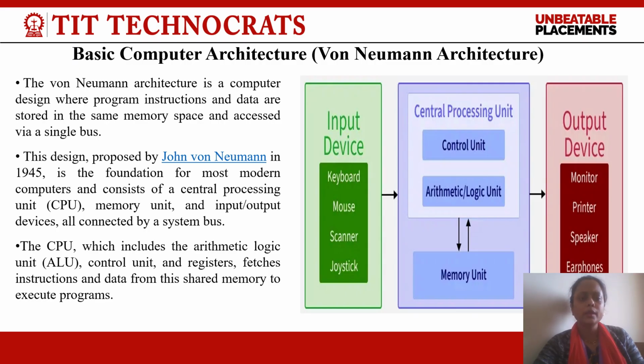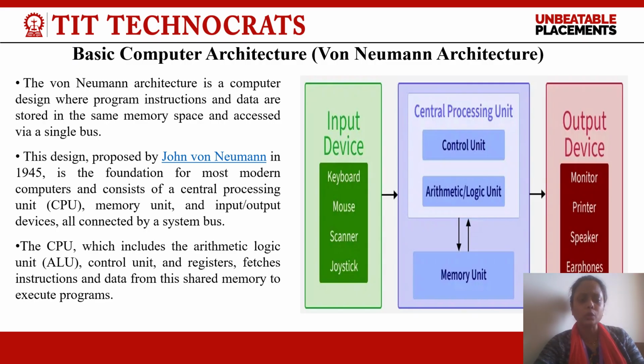The von Neumann architecture is a computer design where program instructions and data are stored in the same memory space and accessed via a single bus. This design, proposed by John von Neumann in 1945, is the foundation for most modern computers and consists of a central processing unit, memory unit, and input-output devices, all connected by a system bus.